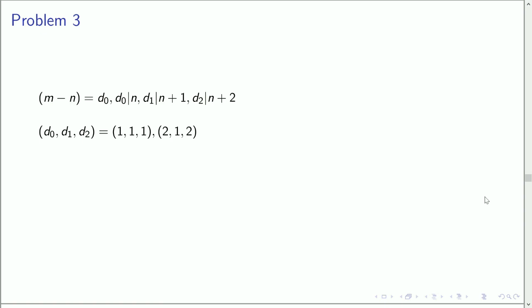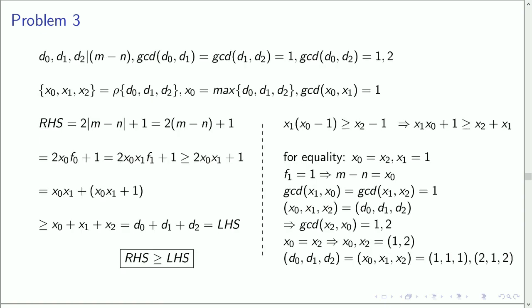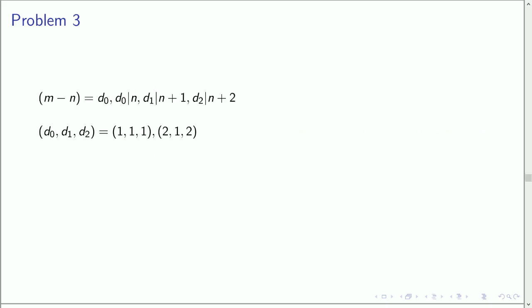Now m minus n is x0 and x0 is d0. So m minus n is d0, and d0 divides n, d1 divides n plus 1, d2 divides n plus 2. That's what we have, and this d0, d1, d2 is either 1, 1, 1 or 2, 1, 2.